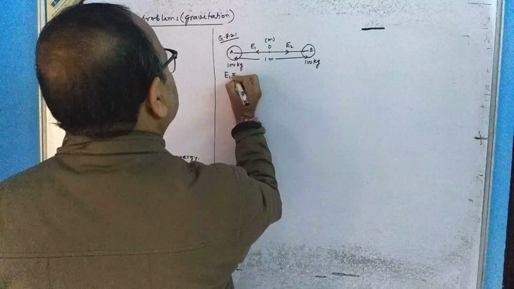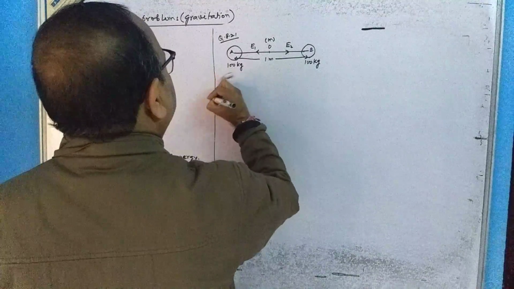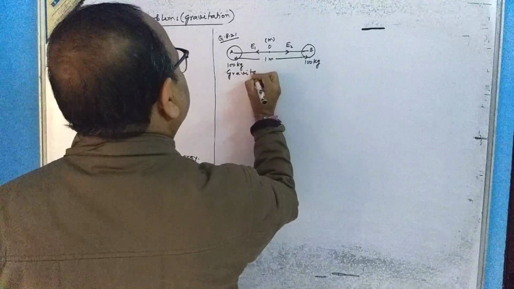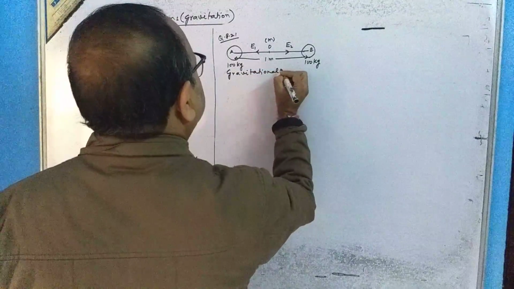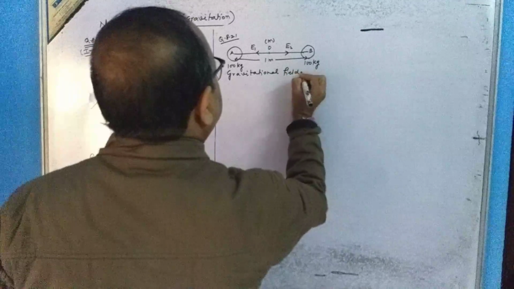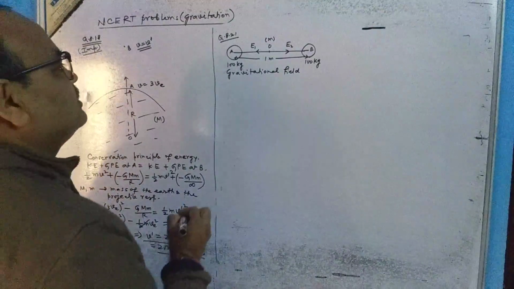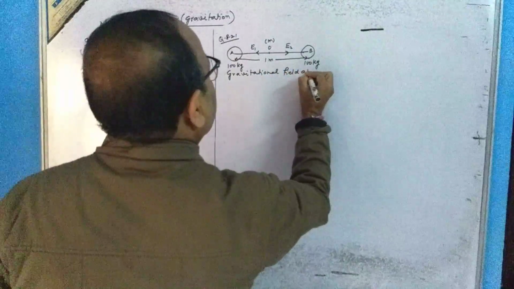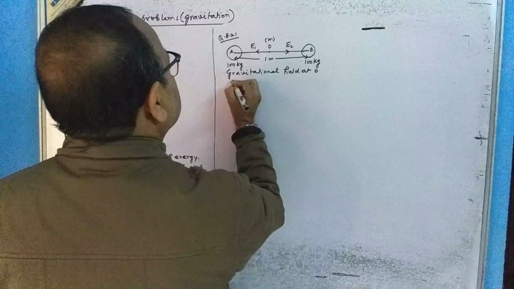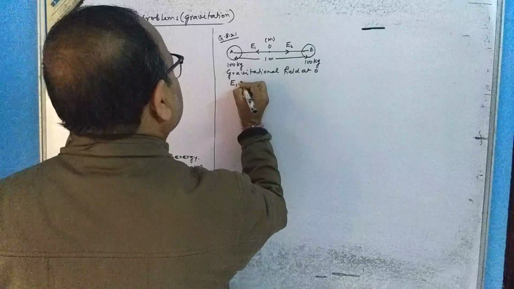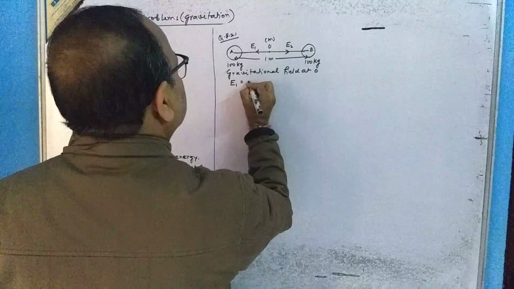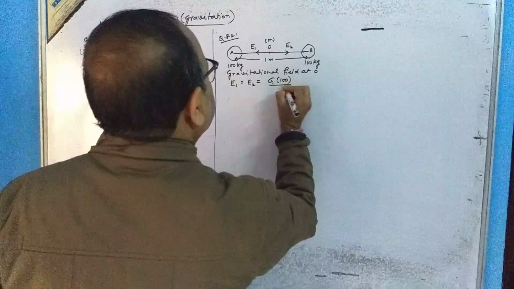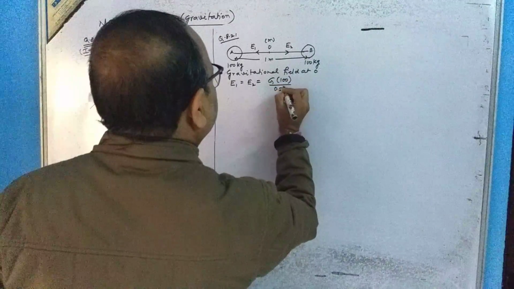Obviously E1 should be equal to E2. Gravitational field at O, that is E1, is equal to E2, is equal to G into 100 divided by 0.5 whole square.